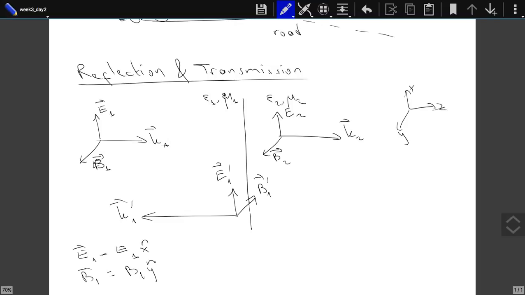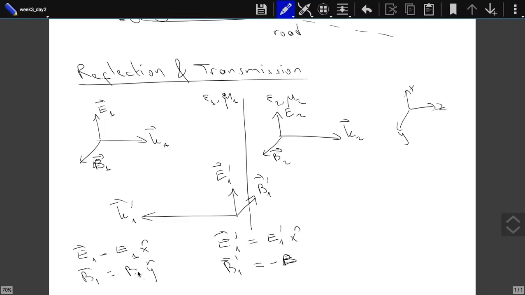Those are basically the wave we sent. I'm choosing the X direction to be the direction of E1, and the Y direction to be the direction of B1. That's why these numbers are positive. E1 prime will be some number in the X direction. B1 prime will be minus some number.